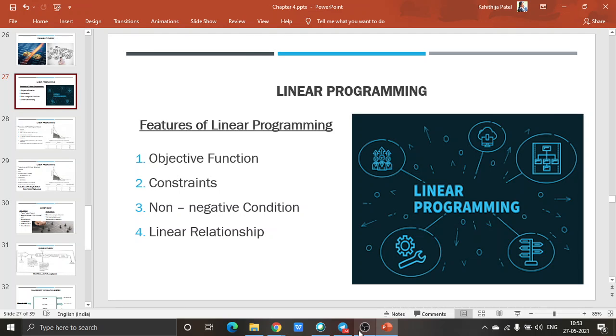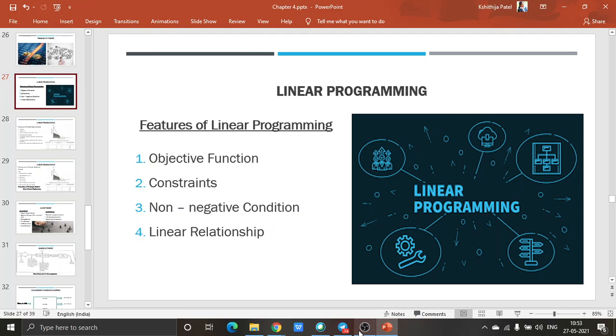If at all it becomes negative, the whole technique will be rendered useless. That is to tell, if an organization is considering allocation of resources for 3 different products, each product should be either positive or 0. That is, not produced at all. Negative would mean that the product is dismantled, which is not at all a logical thing.